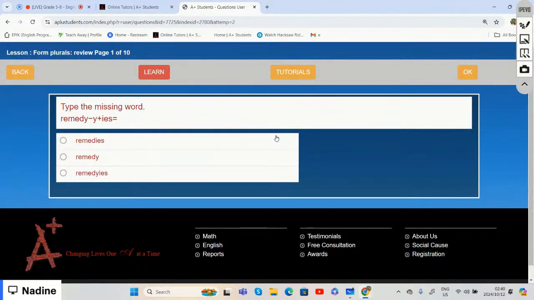Okay, so we are going to have to form the plurals, right? So here they're telling us what to do. We either remove the Y, we add IES, or so on, right? So remedies, we need to type the missing word. It's remedy minus the Y, we add IES. Remedies, is it option 1, 2, or 3, the plural form of remedy?